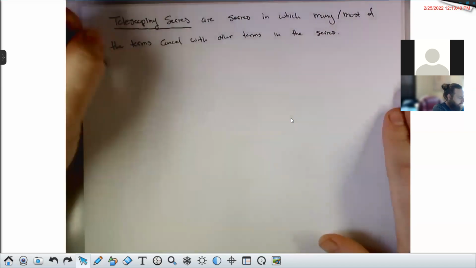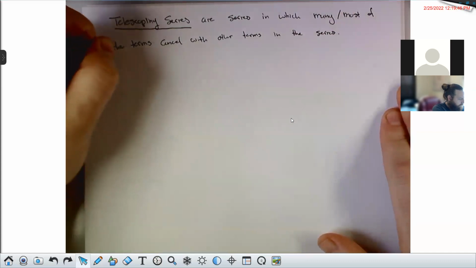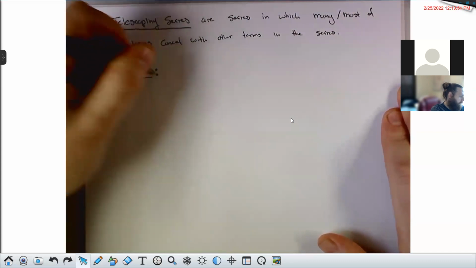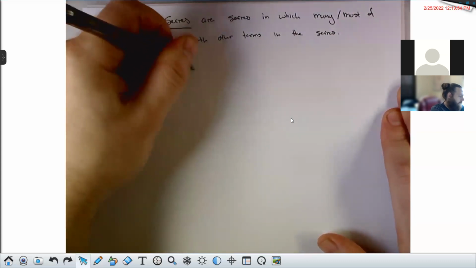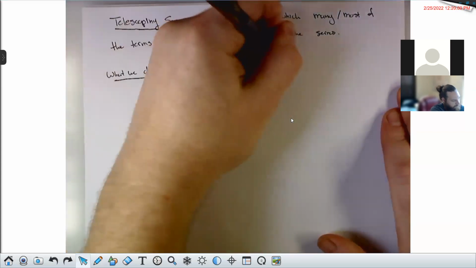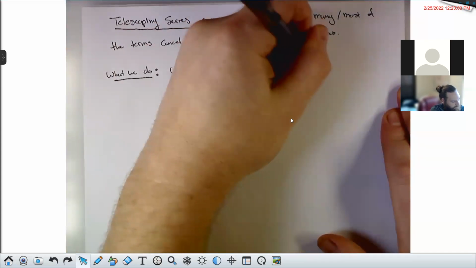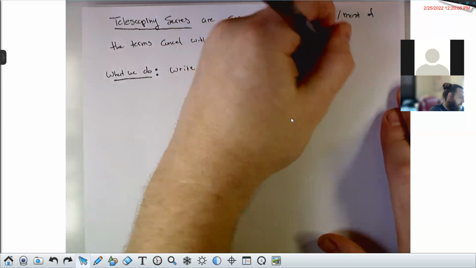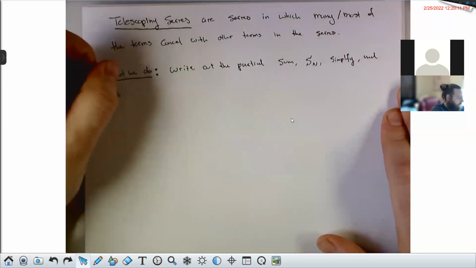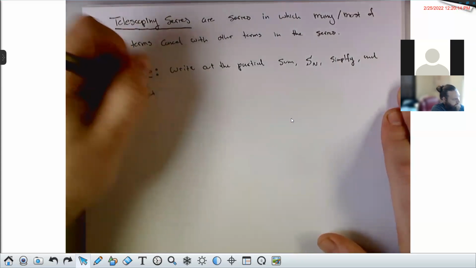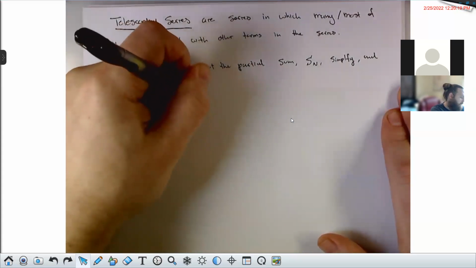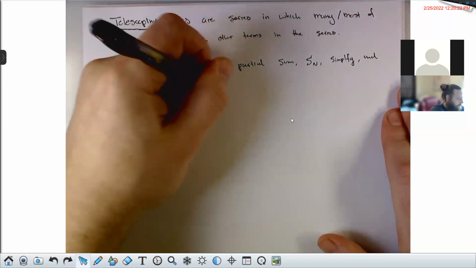The way we handle these is we write out the partial sum S of capital N, simplify, and then get the full infinite series S as the limit, right? Just using the definition, the limit as capital N goes to infinity of S of capital N.